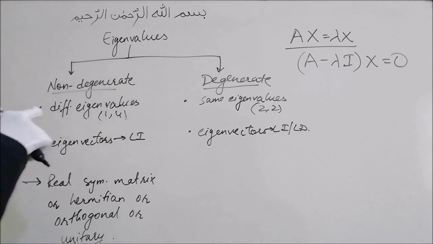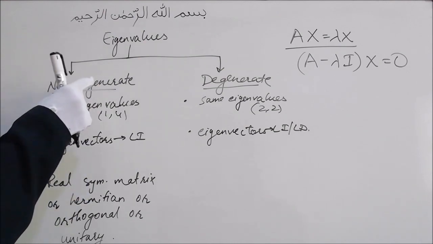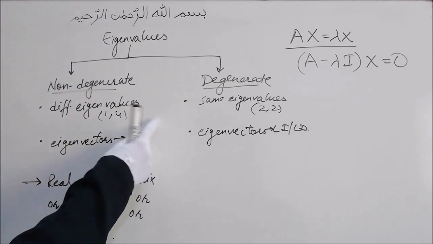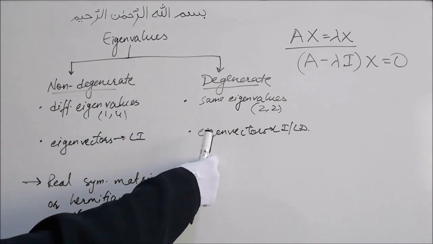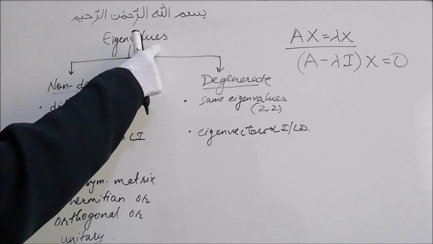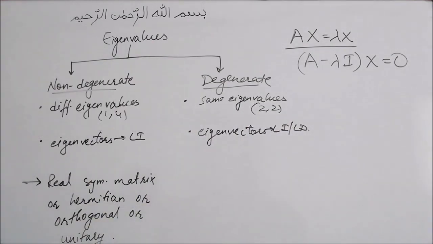Now, the eigenvectors corresponding to non-degenerate eigenvalues are always linearly independent. And the eigenvectors corresponding to degenerate eigenvalues may or may not be linearly independent. That means they could be either linearly independent or linearly dependent. So in problems, when they ask you to find whether the given vectors are linearly independent or linearly dependent, you first form a matrix of those vectors and then you take the determinant.